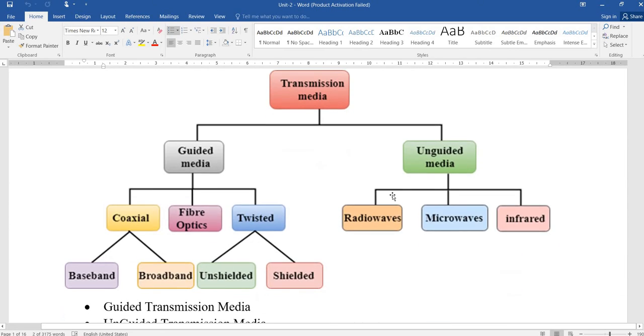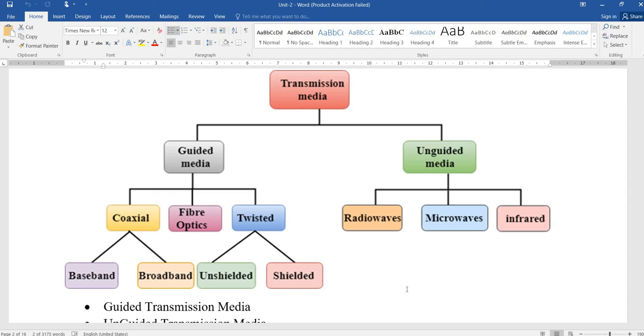Let's see this graphical representation of transmission media: guided media and unguided media. Under guided media, we have twisted pair, coaxial cable, and fiber optic. Under fiber optics, we have two types: single mode and multi-mode.